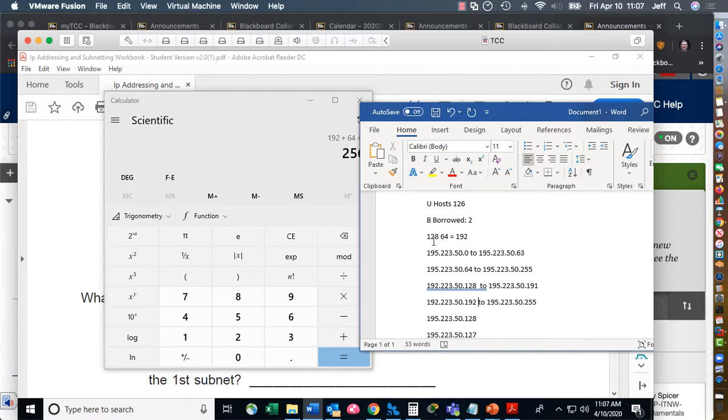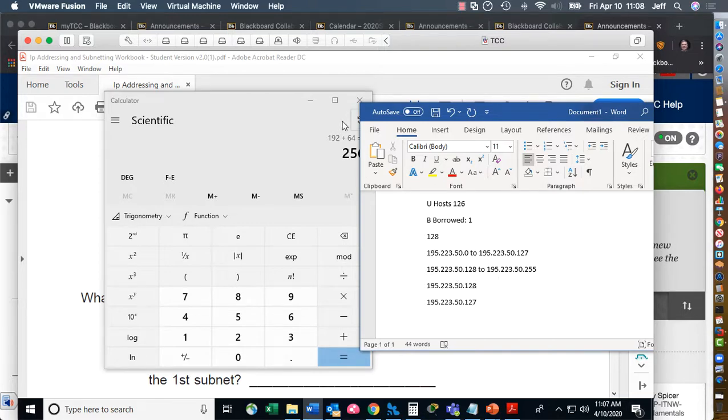It makes it easier. But the original problem, we only borrowed 1 bit, so the smallest bit was 128. We only created 2 networks, and thus it went up by 128. So that's this style of problem.